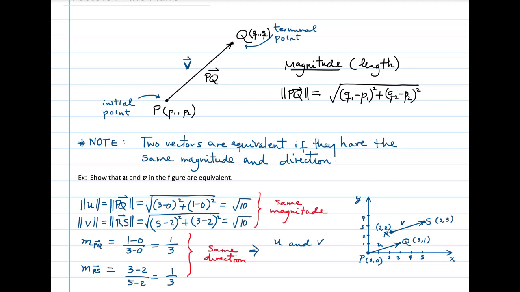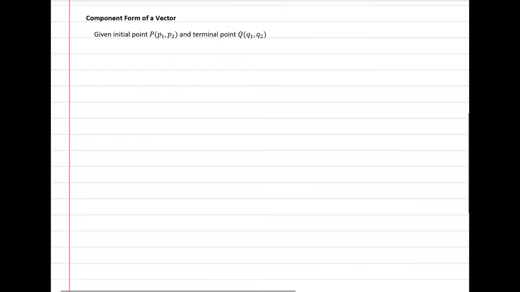So you can pretend that you could move v and put it on top of u, or u on top of v, and it would be the exact same vector. Since we have an infinite number of positions where you could place a vector or directed line in the plane, and if you don't change the direction and the magnitude we're talking about the same vector, we're going to introduce a standard position that will help us define a unique representation for each vector.